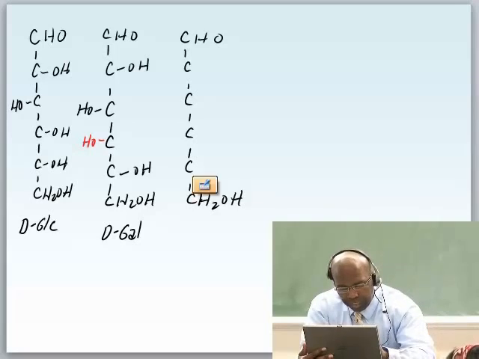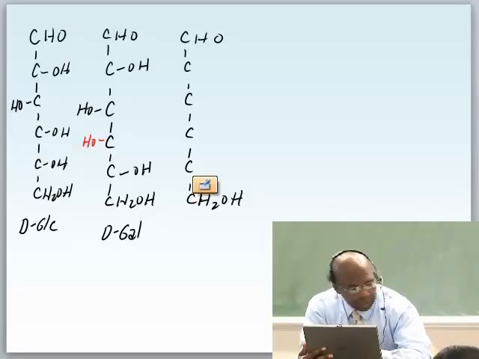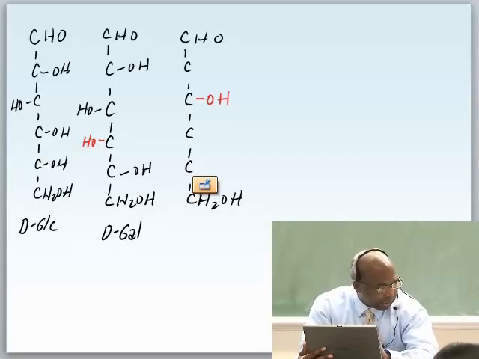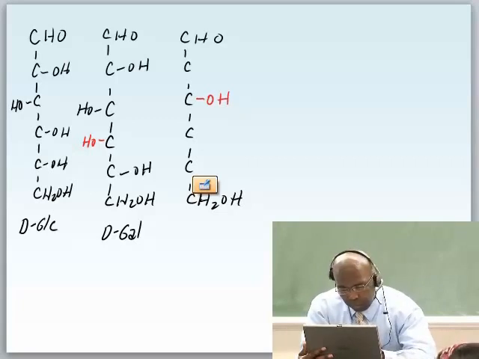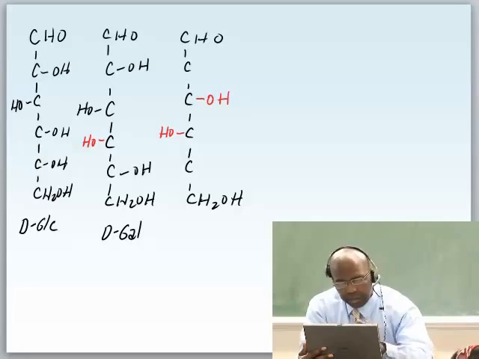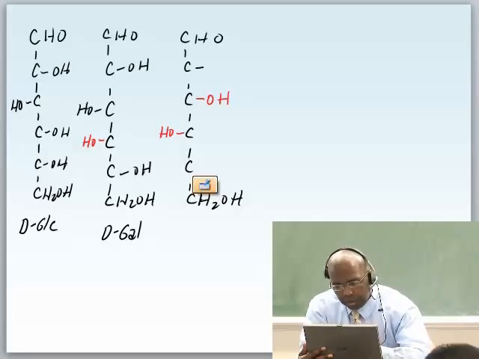3 and 4. So normally 3 is on the left. So this time we're going to put 3 on the right. And normally 4 is on the right. We're going to put 4 on the left. Okay. And so everything else is going to be on the right.